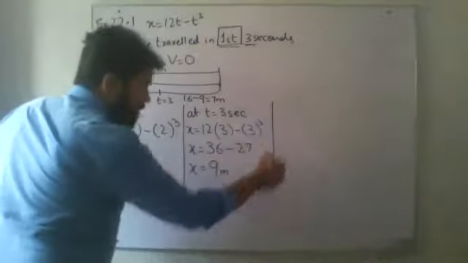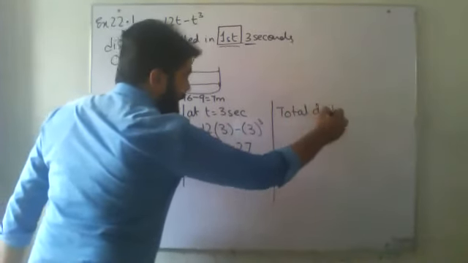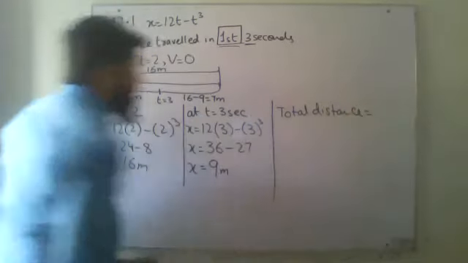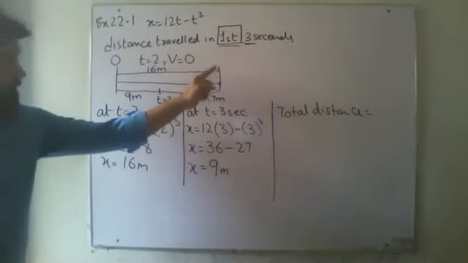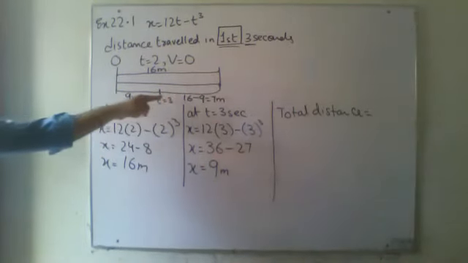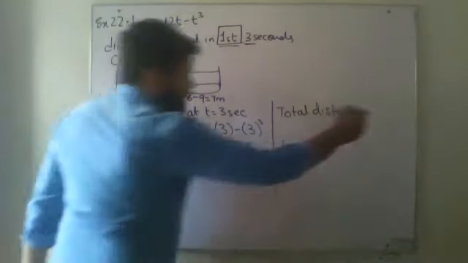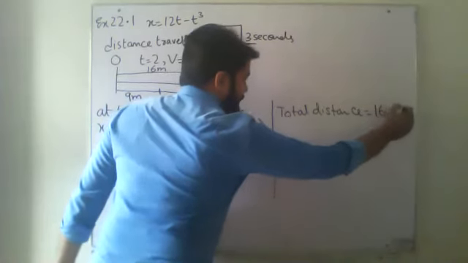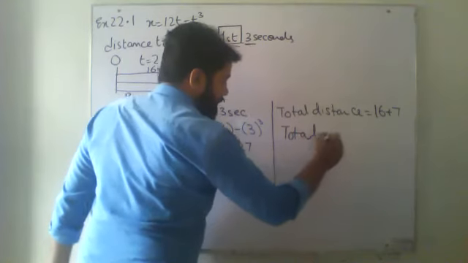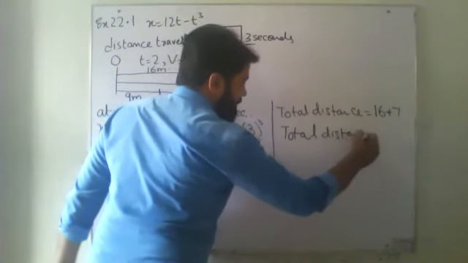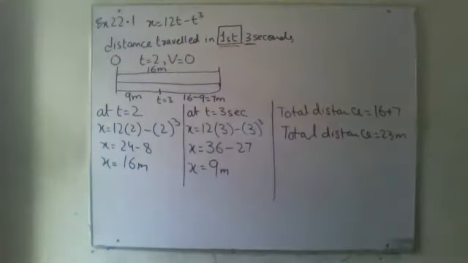So the total distance which the particle has covered is 16 meter while going over here, taking a U-turn and then coming back 7 meter over here. So 16 plus 7, your total distance in first 3 seconds will be 23 meters, and that's your final answer.